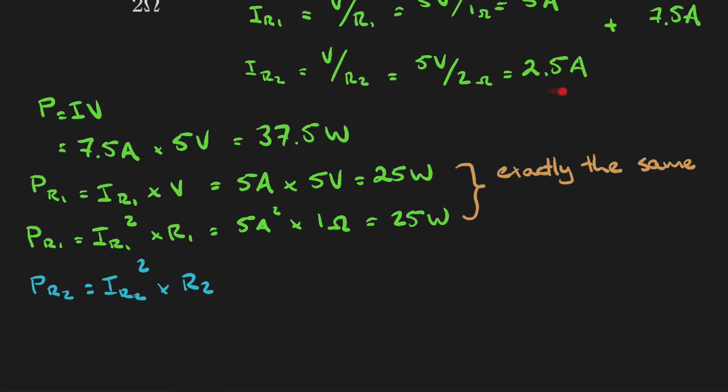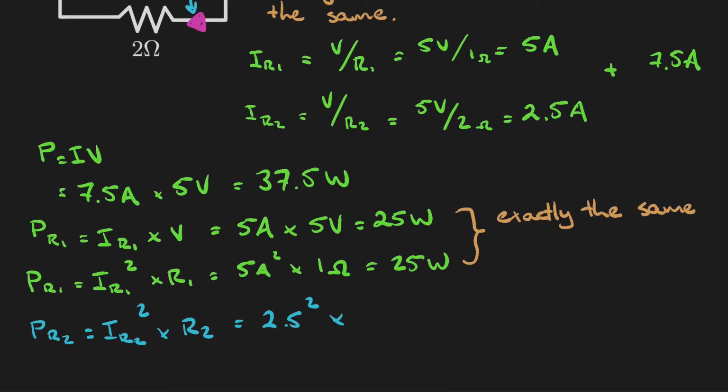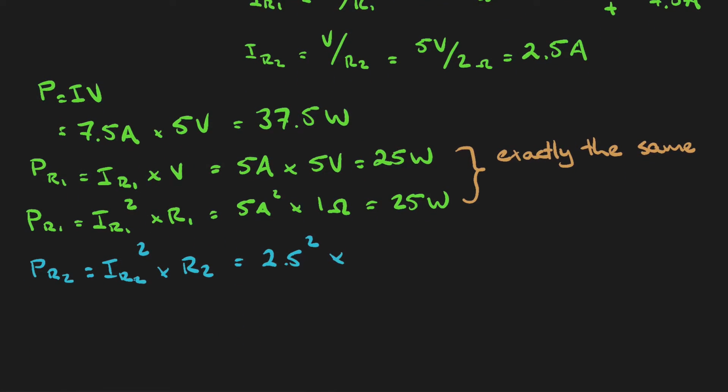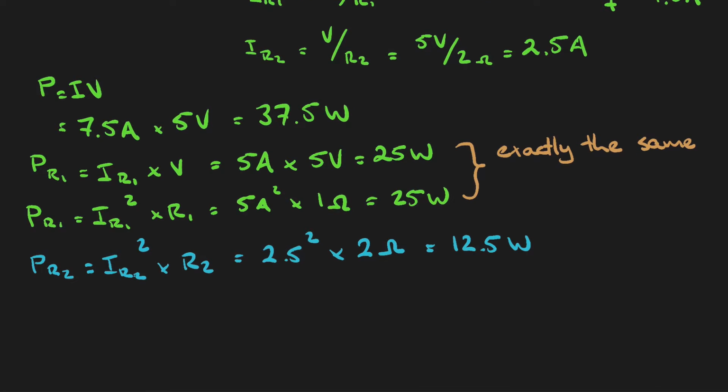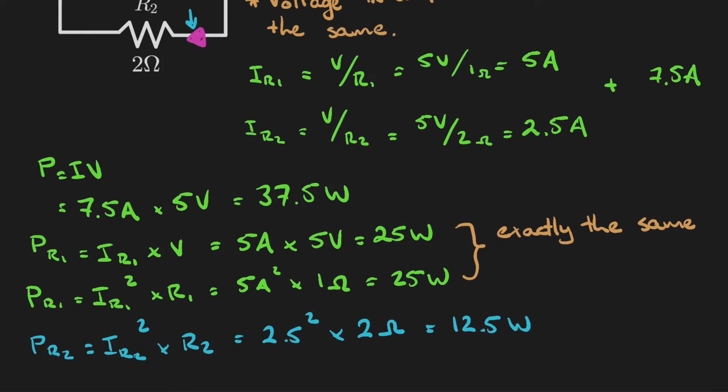IR2 is 2.5 amps. So that equals 2.5 squared multiplied by, what was it? 2 ohms. 2 ohms. So we get 12.5 watts.